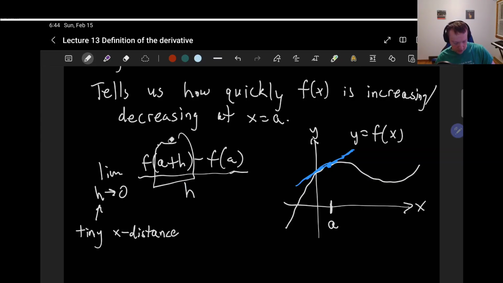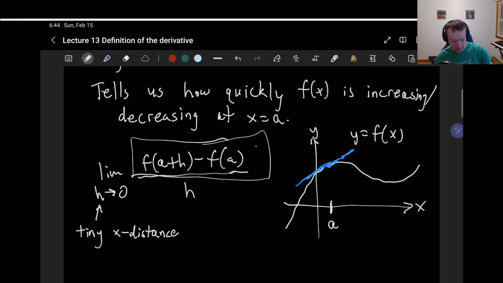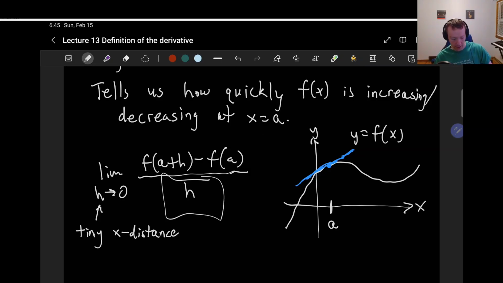A plus h. So that's a point that's just a tiny little distance away from A, which is on the graph. So this is like a tiny rise, difference in y, over a tiny run, the difference in x, a rise over run. And as h approaches 0, that gives you the slope of this blue line.